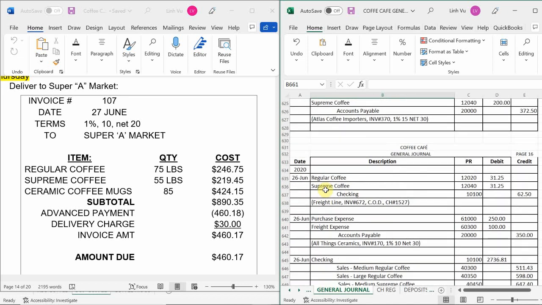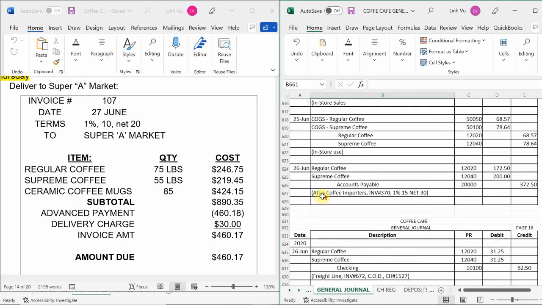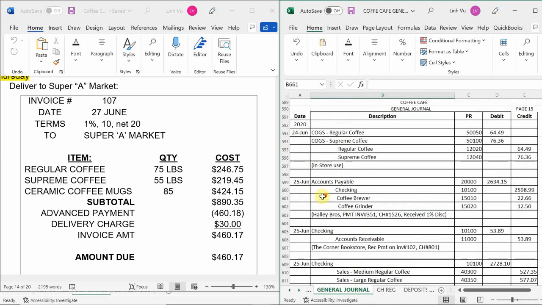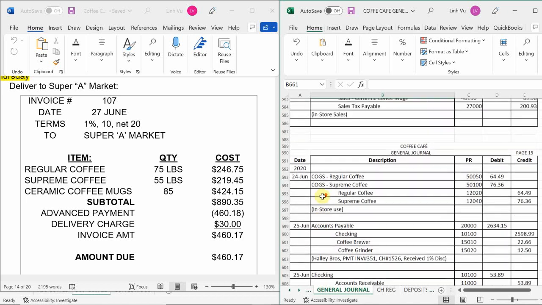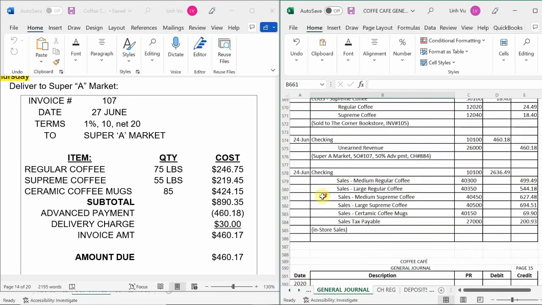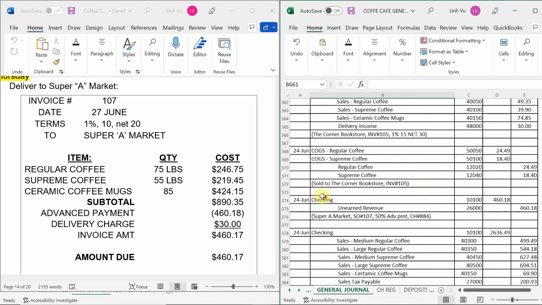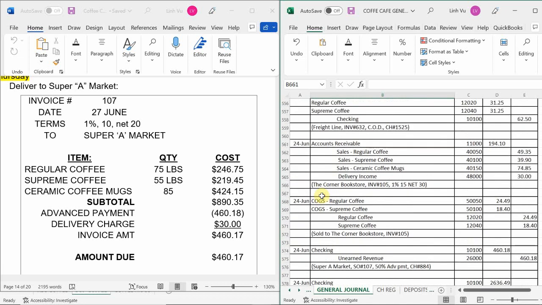We've got accounts receivable. There will be part of it go into that, as well as, oh, my head's not telling me the account that we used to put the 468 in originally, and then we've got credits to regular coffee, supreme coffee, and mugs, and delivery income.